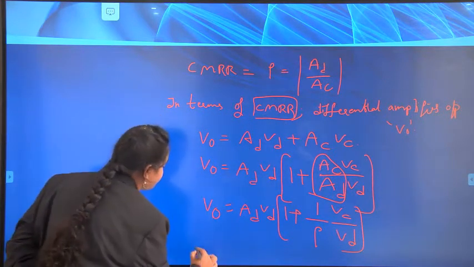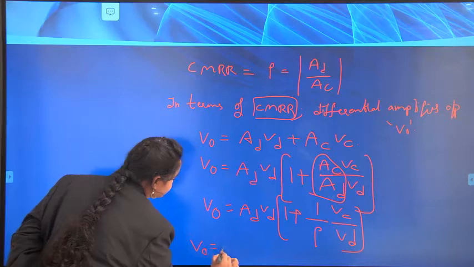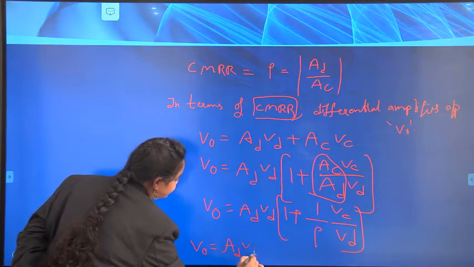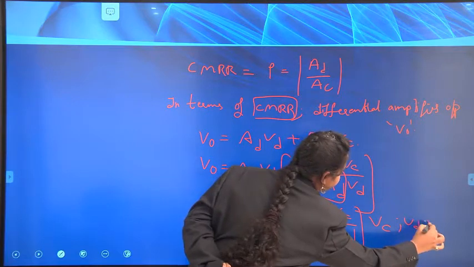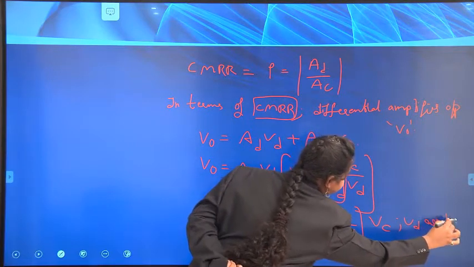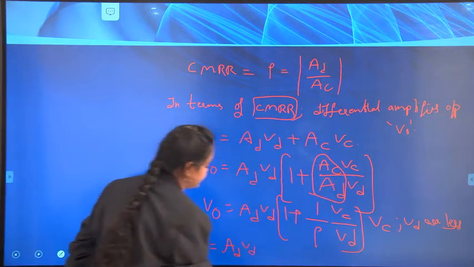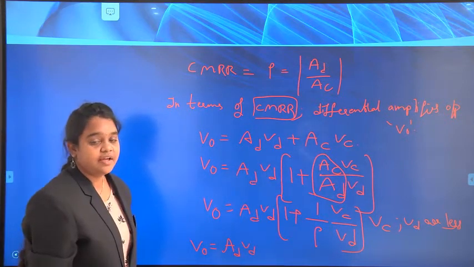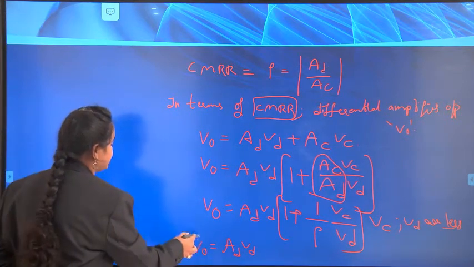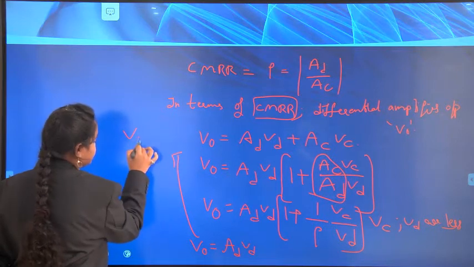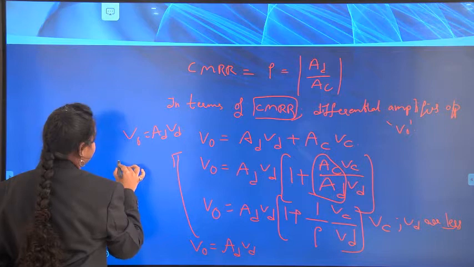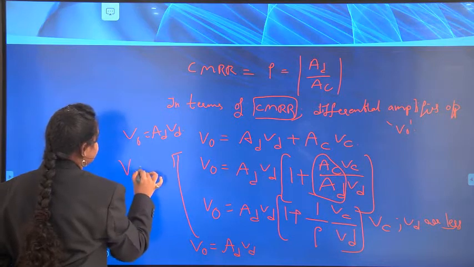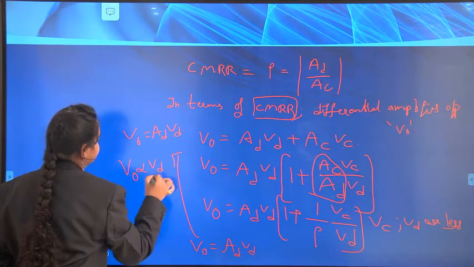From this, V0 equals AD VD, where VC and VD values are less. So V0 equals AD VD, and V0 is proportional to VD.